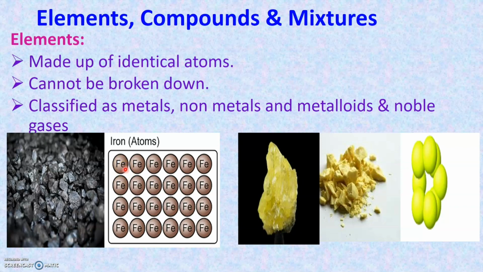Likewise, if we take any of these pieces here and try to do the same process of cutting it into the smallest particle, what we get is the same iron atom which we got initially. So we can say that an element cannot be broken down into two or more simpler substances. This cannot be done by any physical or any chemical method.